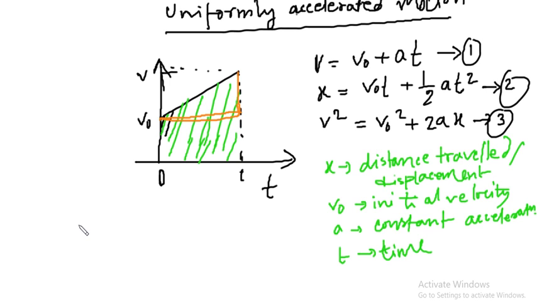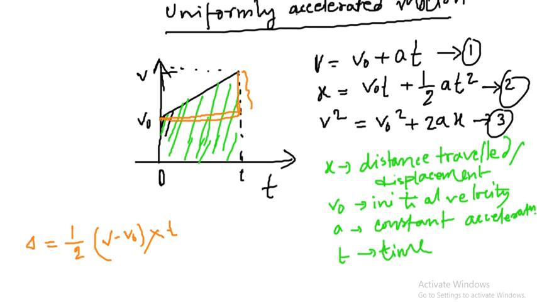Area of this triangle is half into this side of this triangle, which is v minus v0, into t minus 0, that means t. So this is area of the triangle.